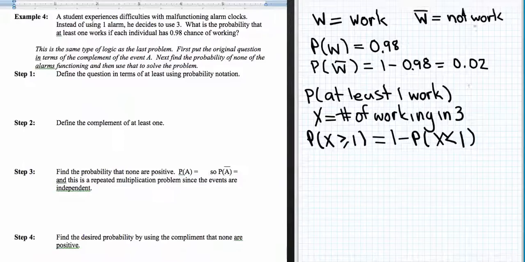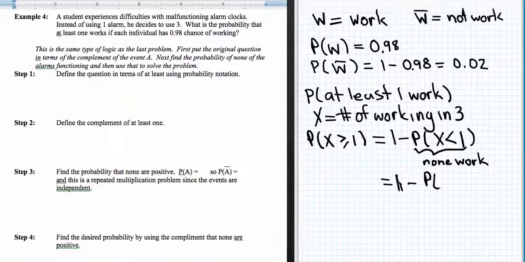And less than 1, of course, just the same thing as we did before, really means that none work. And this means, of course, that we have all of them not working. So this is equal to 1 minus the probability that none work.